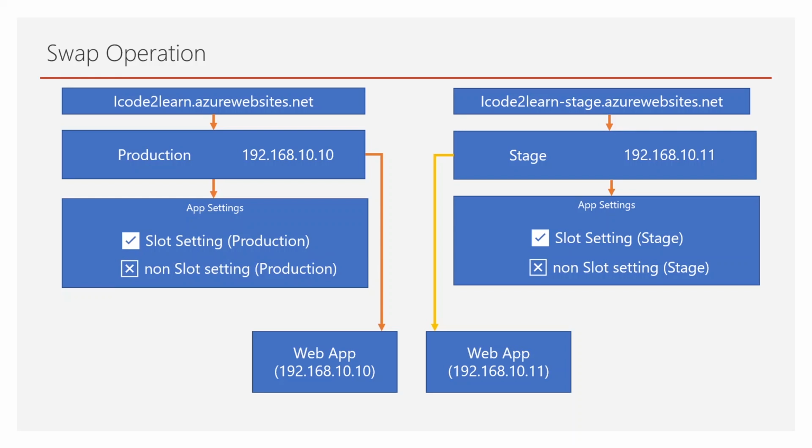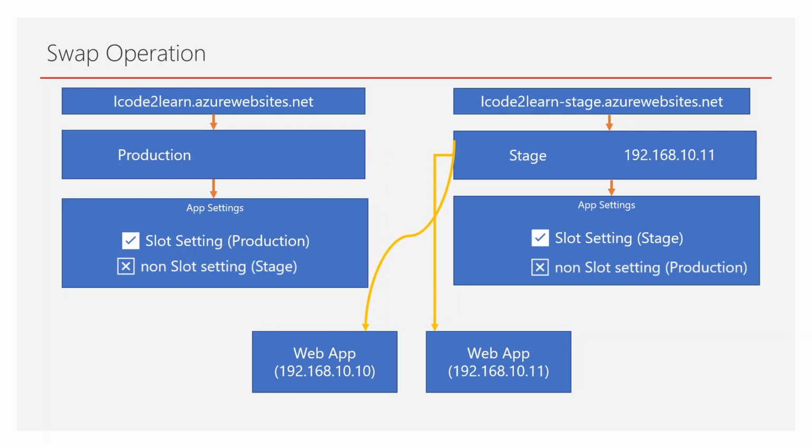So when we do swap operation, non-slot settings would be swapped and then virtual IP address of the slots will be swapped. So no deployments will be happened in this process. That is the reason it is called as zero-time deployment. And slot settings are also called as sticky slot settings, those won't be swapped.